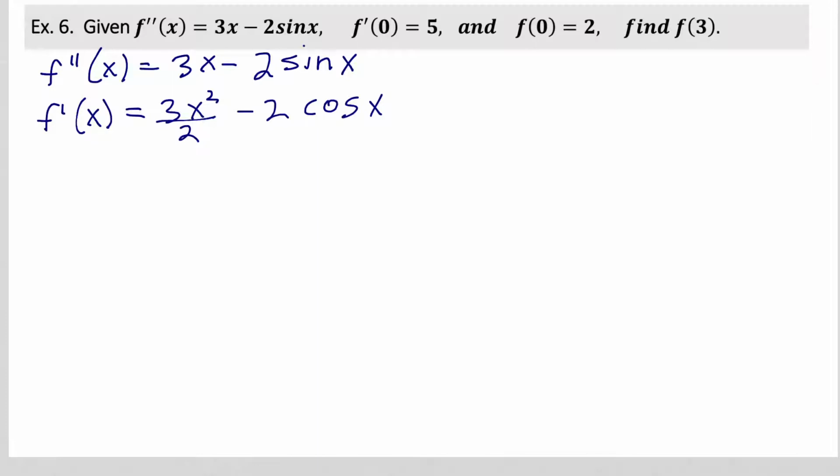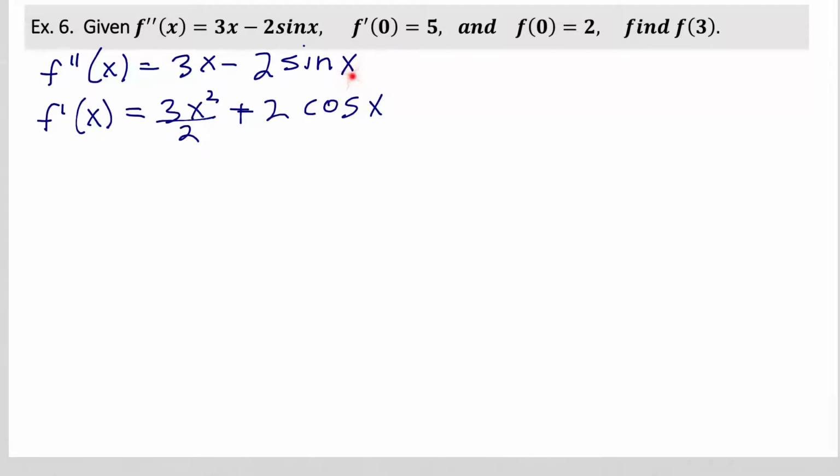If I'm taking the derivative of the cosine to get back to the sine, and it has to be negative, the derivative of the cosine is negative. All right, so if this is negative, that's not going to work. So I got to make this positive. All right, so the derivative of 2 cosine of x would be negative 2 sine of x.